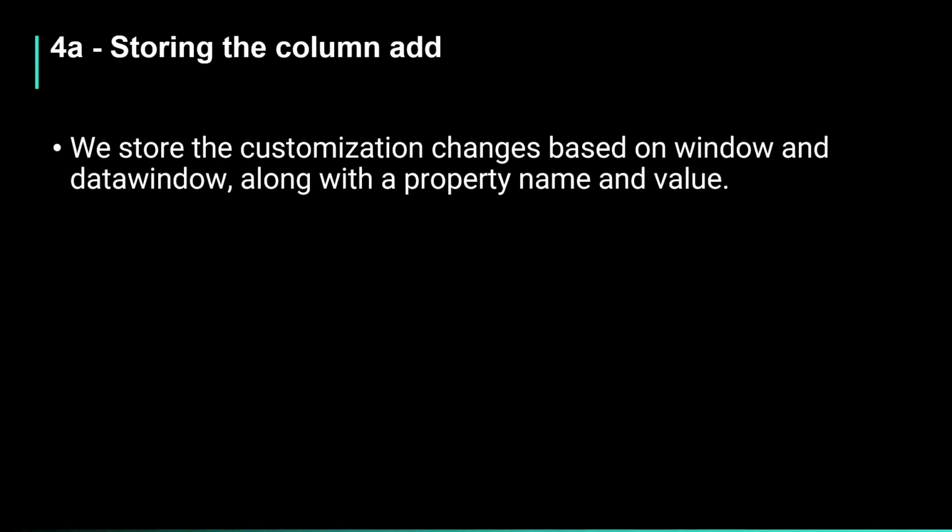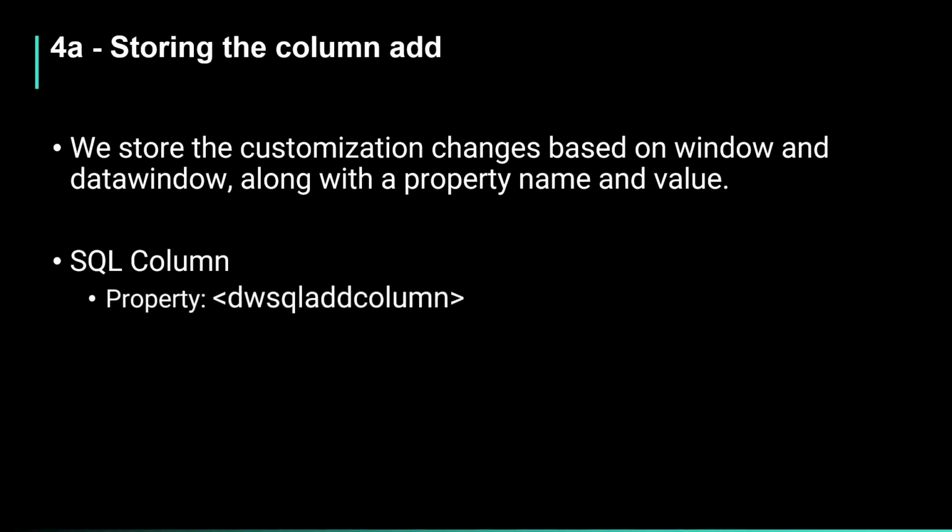So we can open up this window, grab all the objects on the window, find that this DataWindow has some customizations defined on it, and now we can go through and grab the property names and values from the table and apply those changes to the DataWindow.